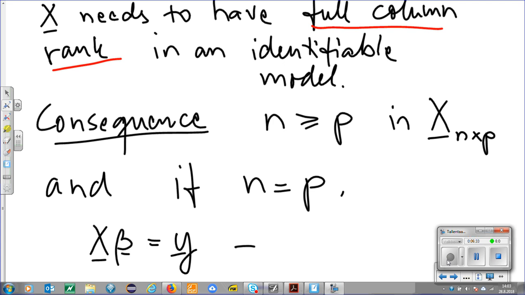So this means that the residual errors are 0 for all observations. It means that the model fits perfectly to the data, the systematic part gives exactly the values we have in the data, or the values of y.